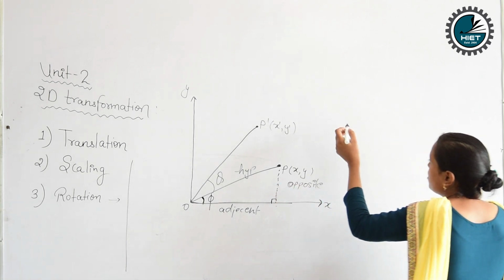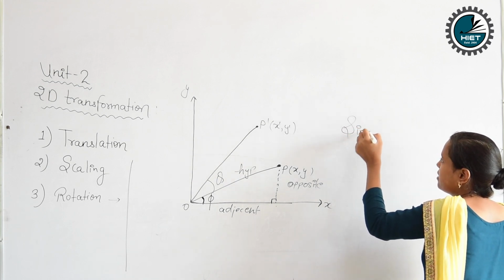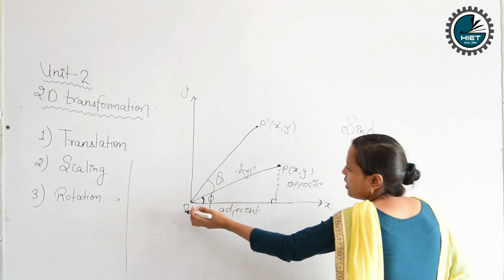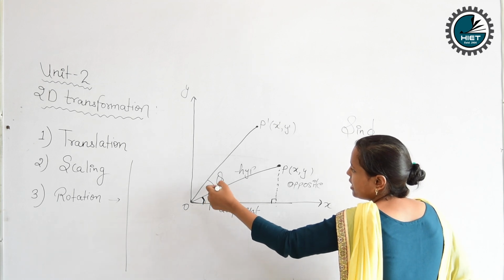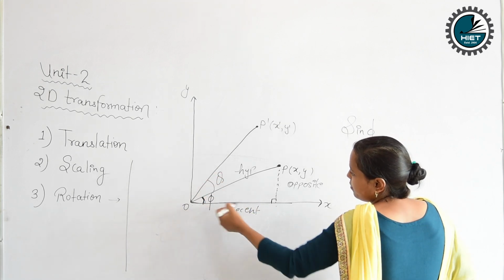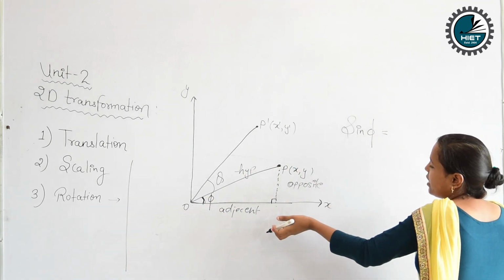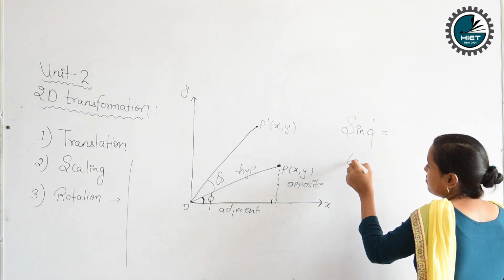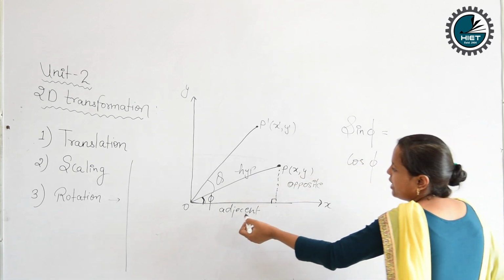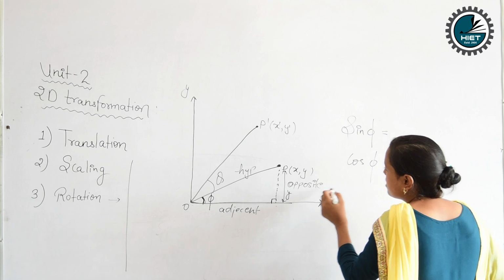After the trigonometric equation, we find sine phi, because we are finding that angle. From the origin, the phi angle will be: y is the opposite side.